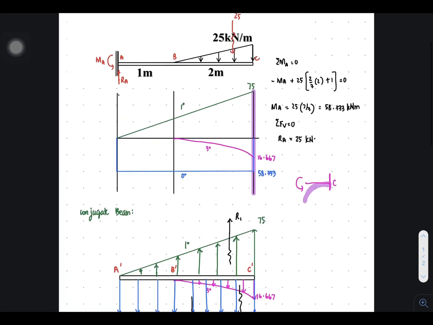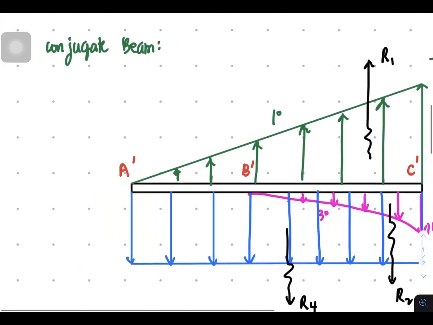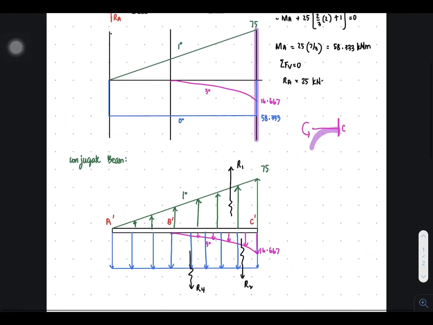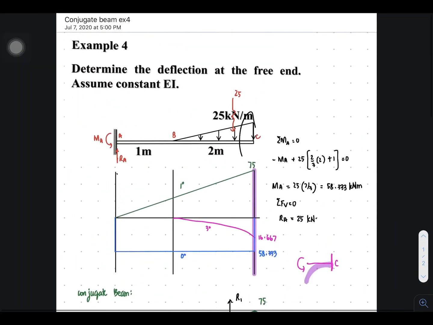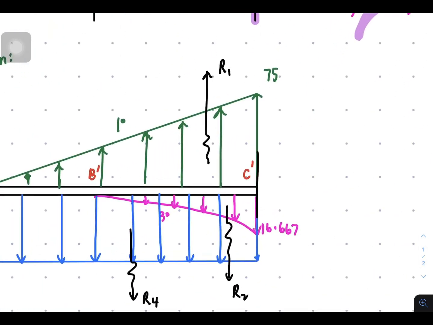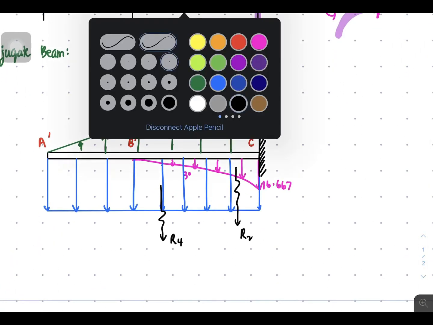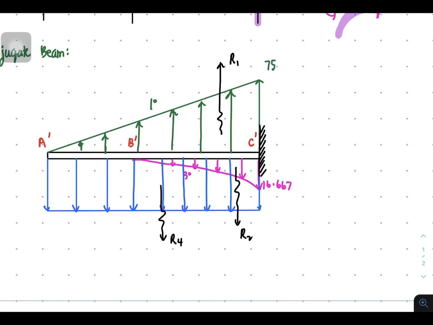And the supports, this one is a fixed, so it will become a free end, no support. And then here, this is free end, it will now become a fixed support. There. So in this case, we now have a moment which I call MC prime and a vertical force which I'll call RC prime.